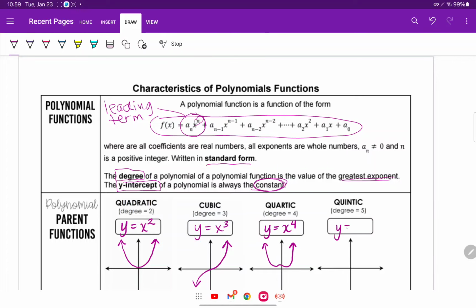A quintic would be x to the fifth. And it looks a little bit like the cubic, but again, in the middle, there's a little bit more of a squiggle happening there. Maybe not that much, but there's definitely more of a squiggle happening right inside of here, okay? And the bigger the polynomial, the more terms, the more squiggle you get right here in the middle.